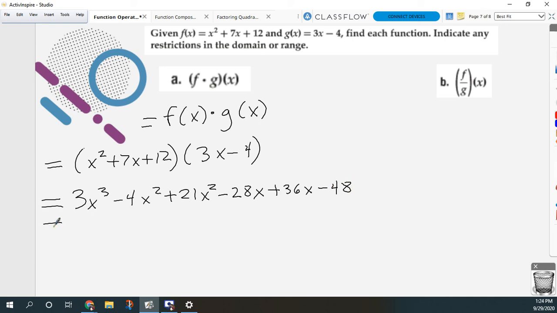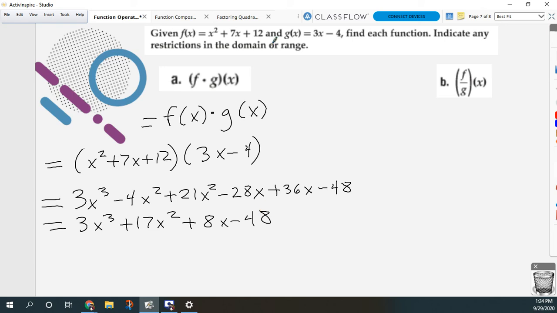So then combining all of my like terms, we have a negative 4x squared plus 21. And so combining those, that gives us a positive 17x squared. And our next one, we have 36 minus 28x. So we get a positive 8x. And then our 48 stays the same.